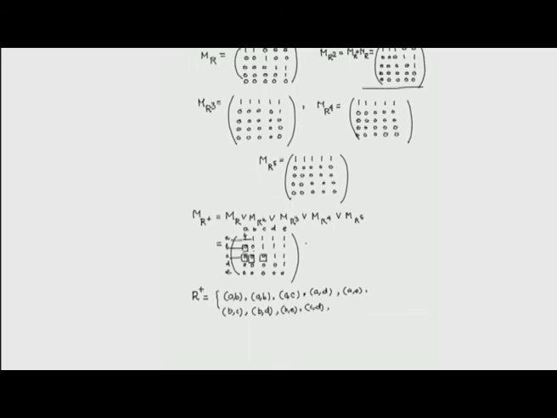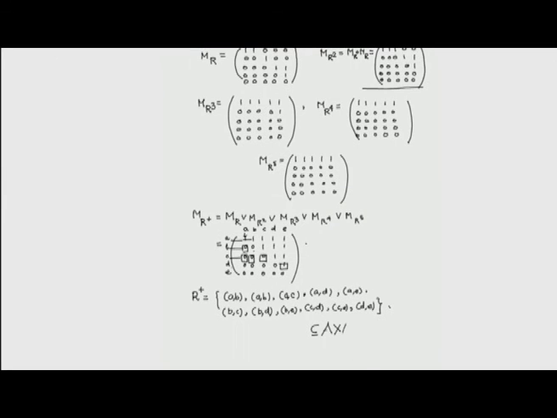So, we write (c,d), (c,e), and lastly we see that (d,e) is in the relation and there is no other element in the relation. So, ultimately we have R plus as a set, and it is a subset of A Cartesian product A.